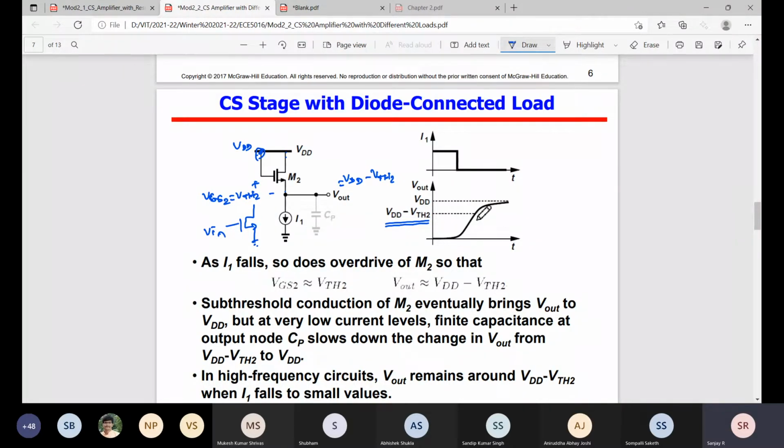So in high frequency circuits, Vout remains VDD minus VTH2 when I1 falls to a low value, that means the current is cut off. Is it understandable? Any doubts here?